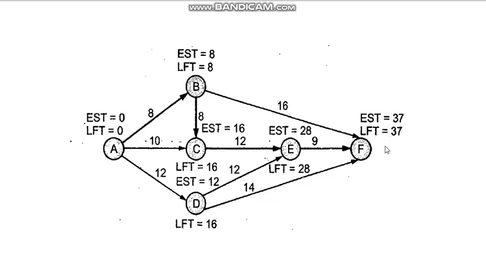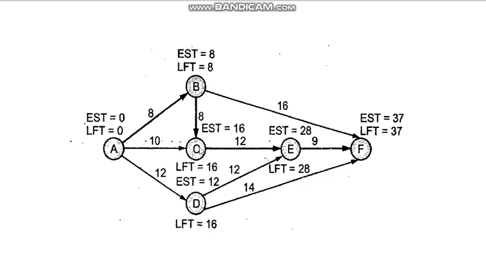But you also have to calculate the LFTs. Now we have calculated only ESTs. You understood how to calculate ESTs. You start at the initial node with 0, add the activity's duration, and you get the EST of the next node.